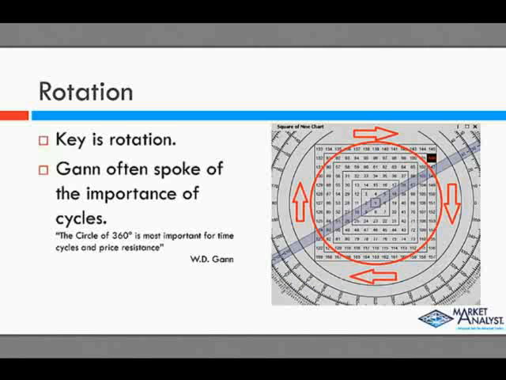Future highs and lows can quite often be found by rotating through a number of cycles. So this was an interesting comment from Gann in his writings, I'm just trying to read my notes: the circle of 360 is the most important for time cycles and price resistance. And it's something that he kept coming back to again and again.